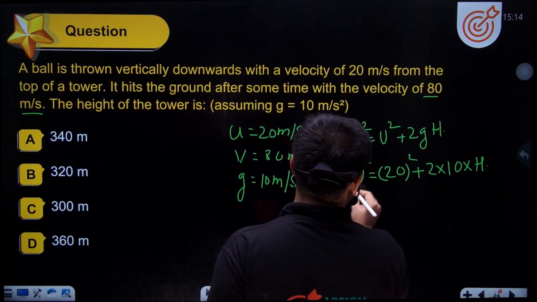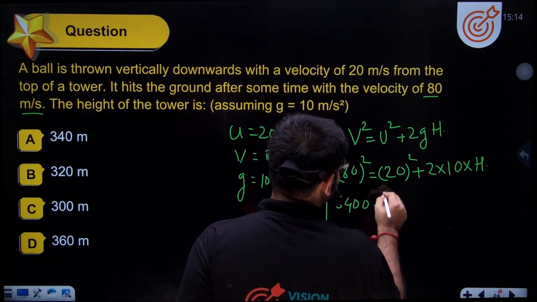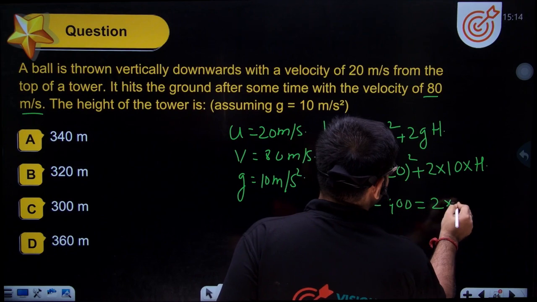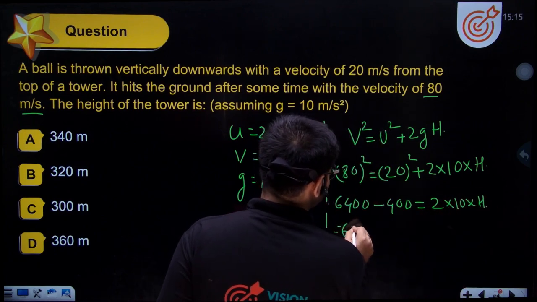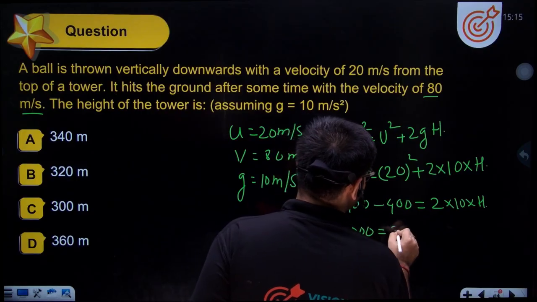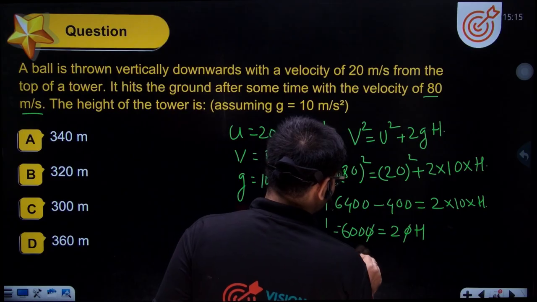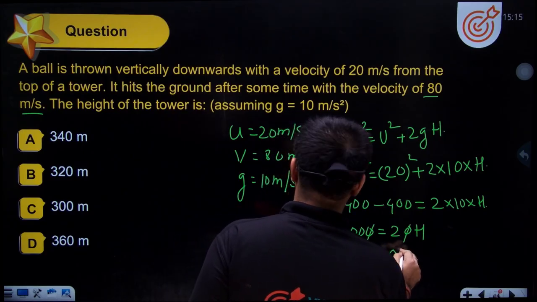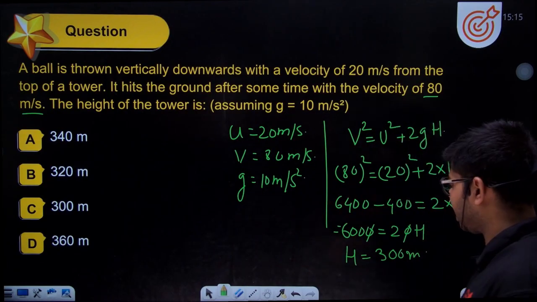So it is 6400 minus 400 is equal to 2 into 10 into h. So 6000 is equal to 20h. The h value you will get is 300. So 300 meter is the height.